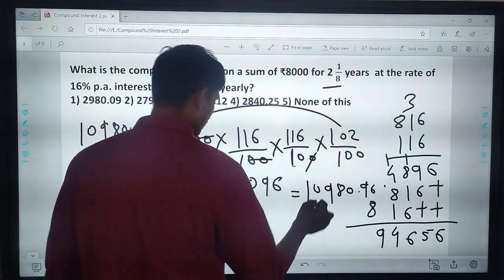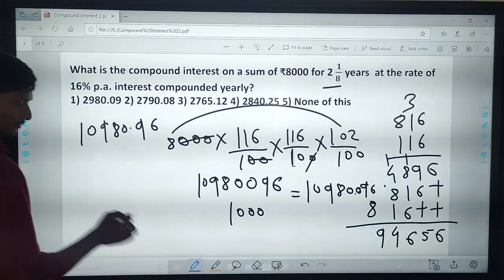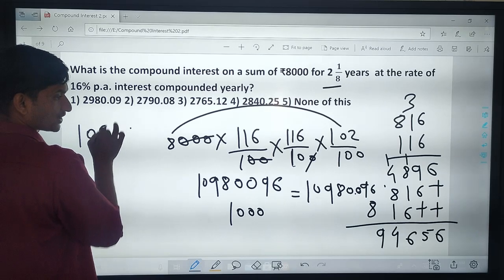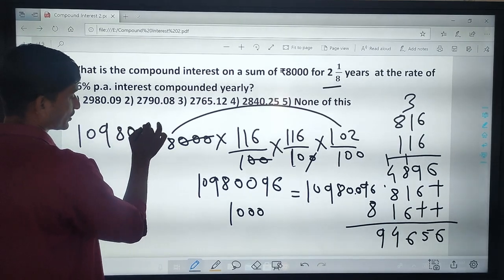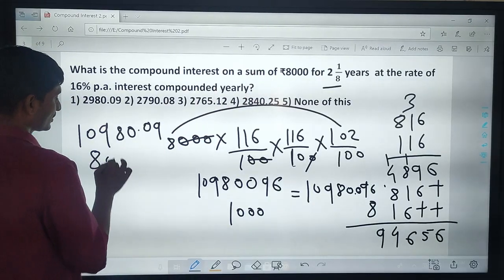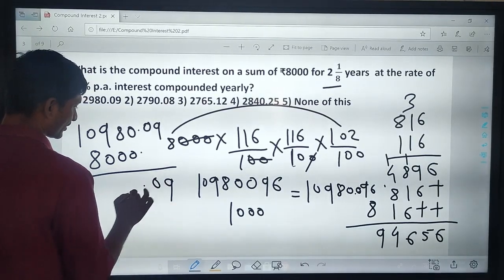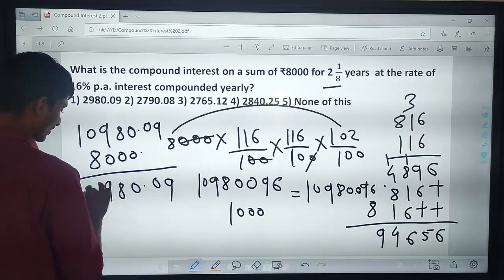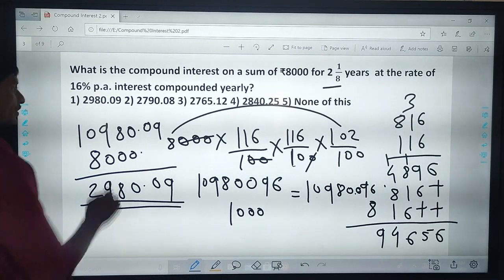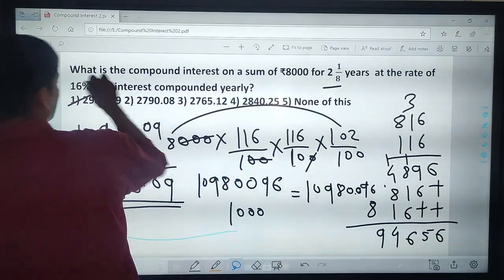Your amount is 10,980.96 minus your principal. Now here we get the subtraction. Now your answer is 2980.96. This is your answer.